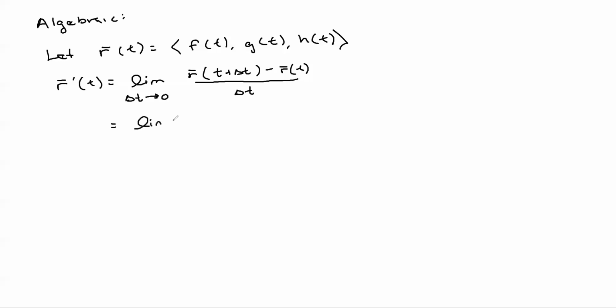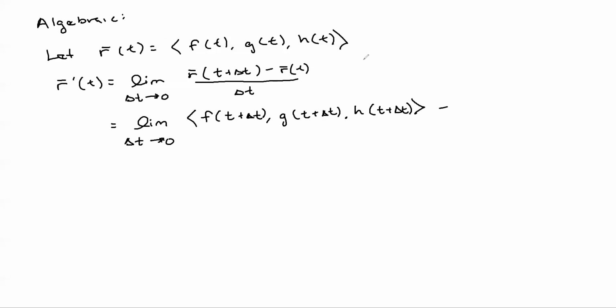All right, so what happens if we do that? If we take t plus change in t and plug it in for t, we'll end up with f of t plus change in t, g of t plus change in t, and h of t plus change in t. Okay, and for r of t, let's just substitute the vector for that.